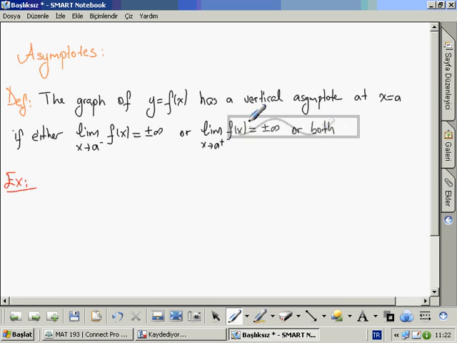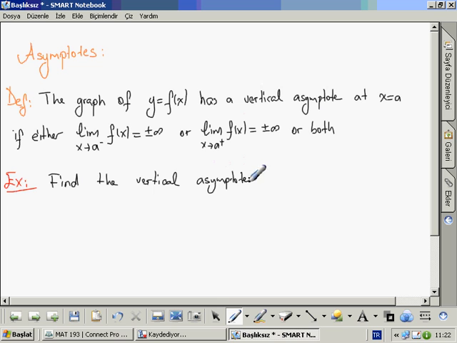Example, what I mean. Find the vertical asymptotes of f of x equals 1 over x squared minus 1.